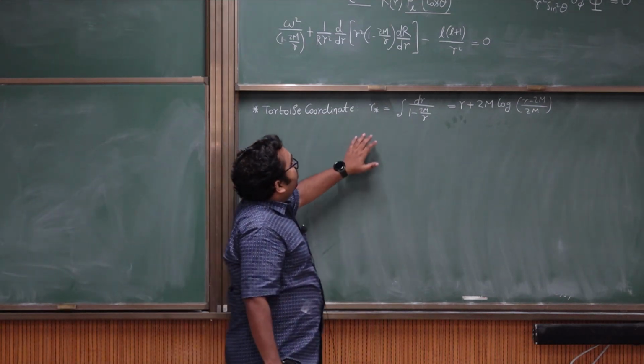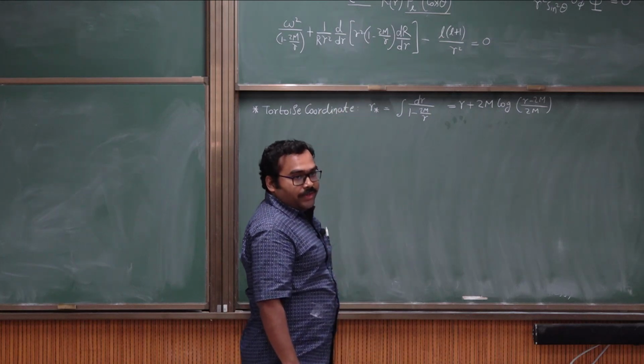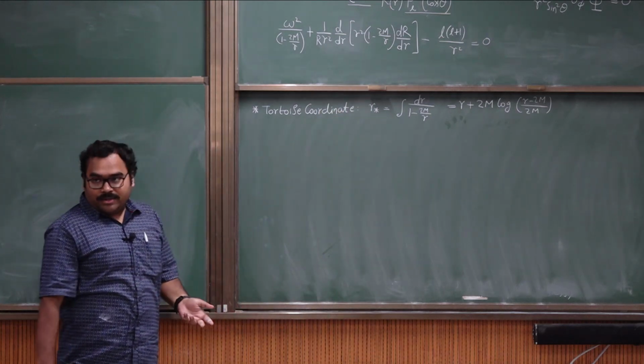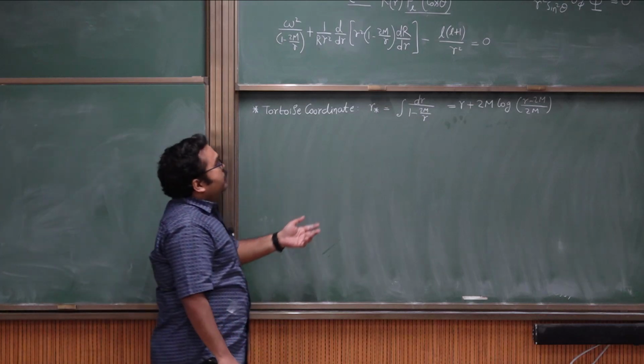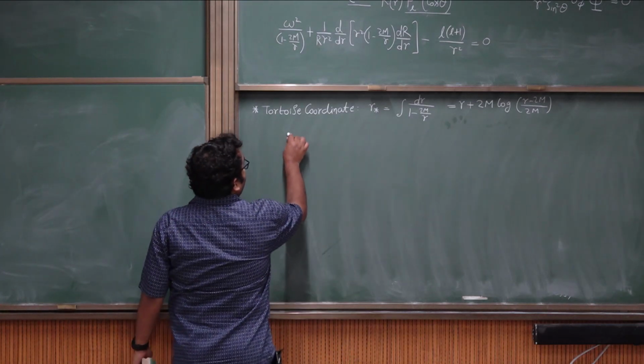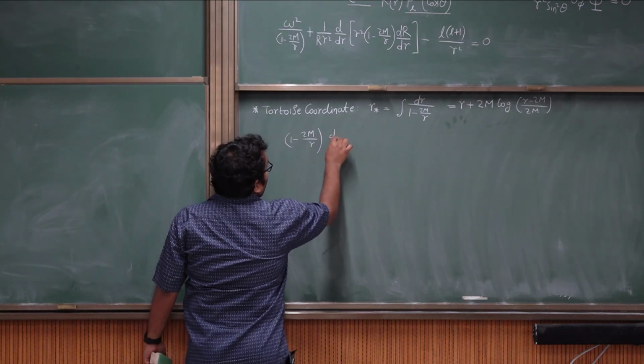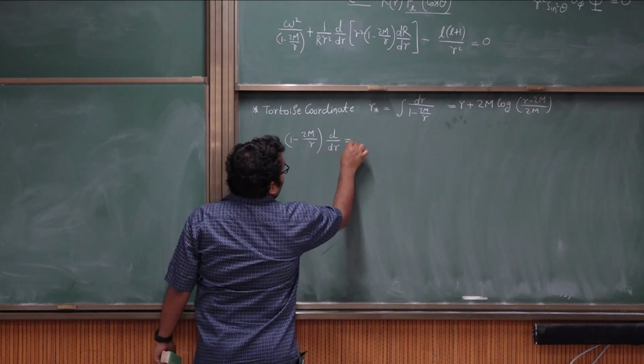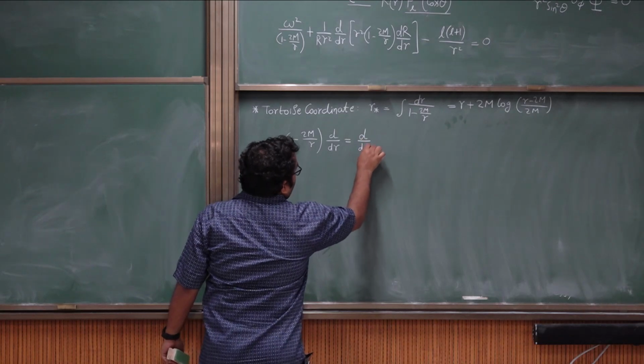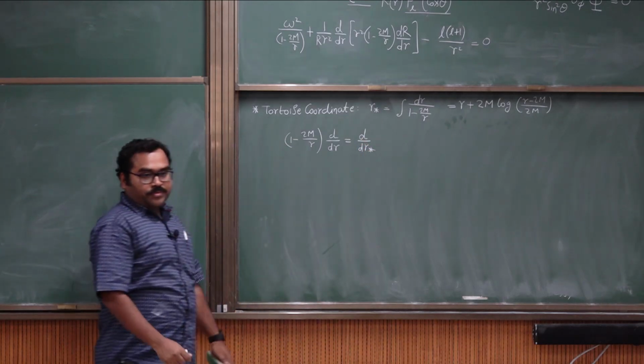So then what people do is change this variable small r to r star, and it is pretty easy to do. As you can see, you can use this condition that (1 minus 2m over r) times d/dr is nothing but d/dr star.